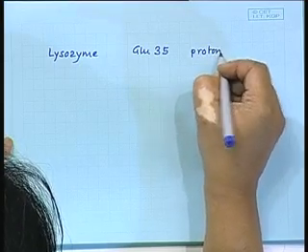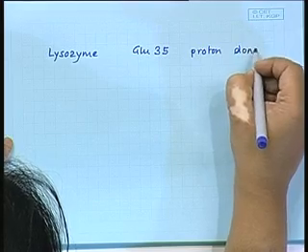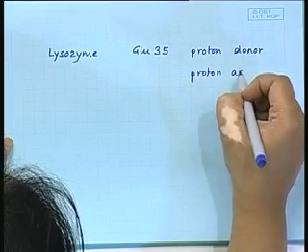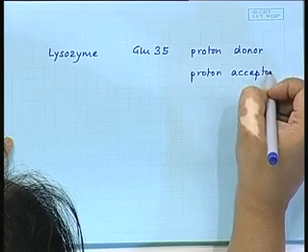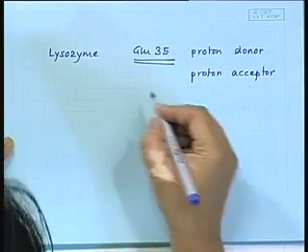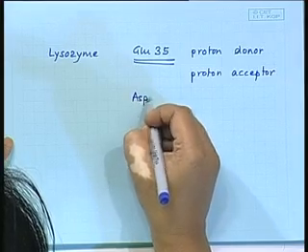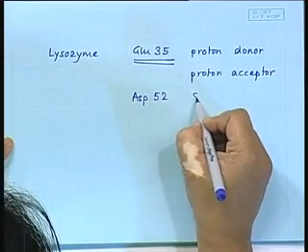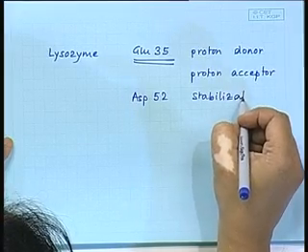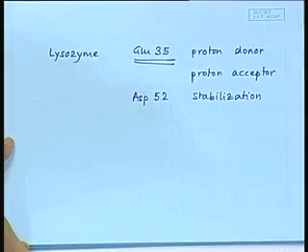Act as a proton donor and then a proton acceptor. So, it is basically only the glutamic acid that is taking part. It is only, and the aspartic 52 was there just for stabilization, right? That is the role of the aspartic 52.